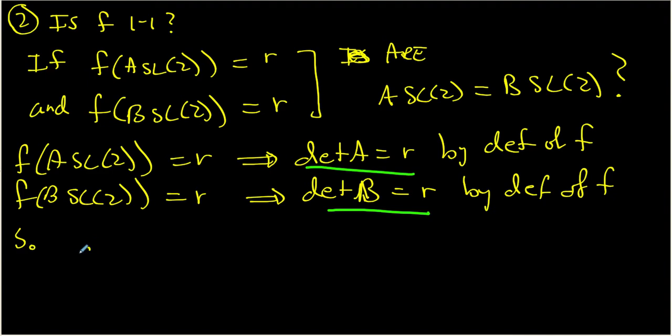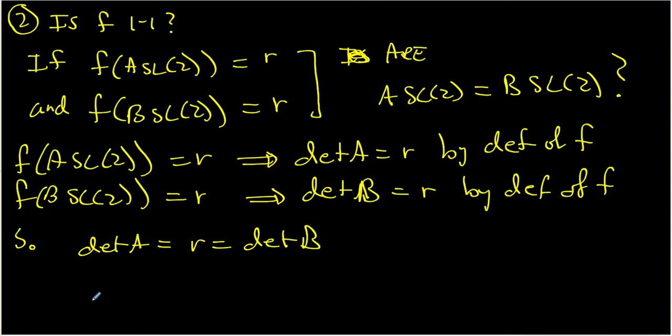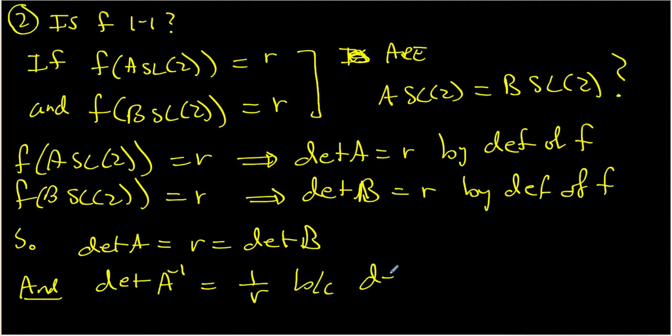So we now know that the determinant of A is equal to r, and that's equal to the determinant of B. So what that says is that we also know something else. We know that the determinant of A inverse is 1 over r, because the determinant of any inverse is always 1 over the determinant of the matrix.